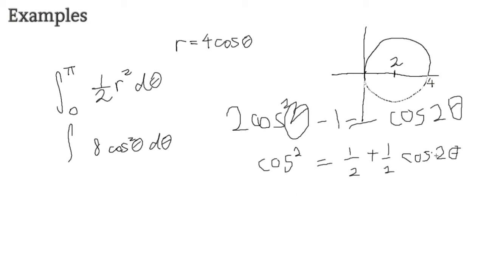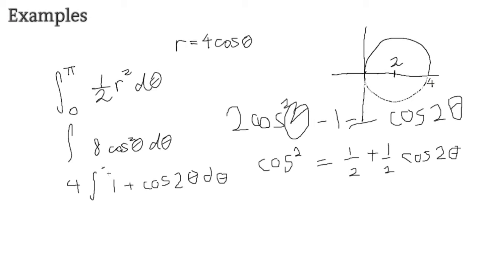Okay, so with that, we can now substitute this cosine squared into the equation to give us a 4, which I factorize out of the integral, of 1 plus cos 2 theta, remember the d theta. So we have this expression that we can actually integrate.